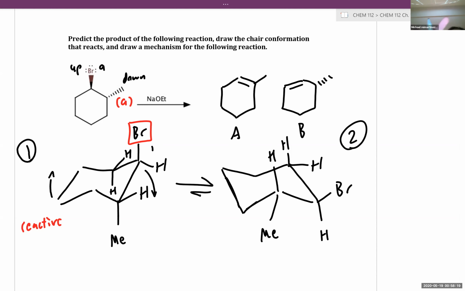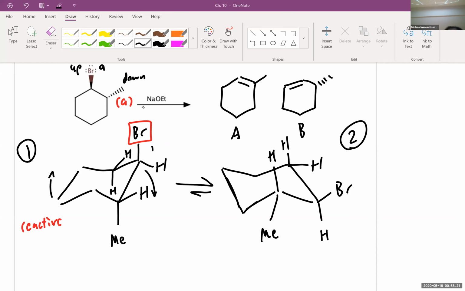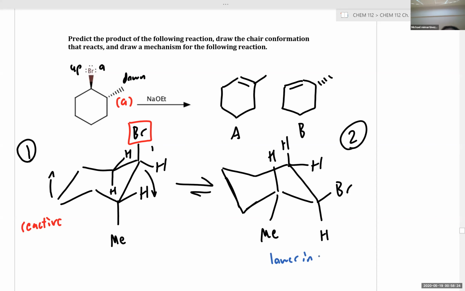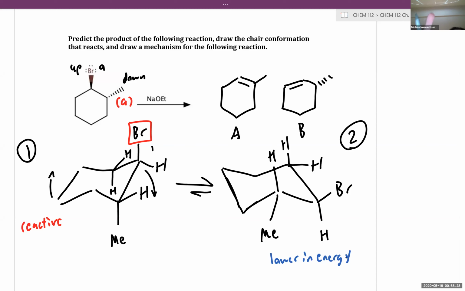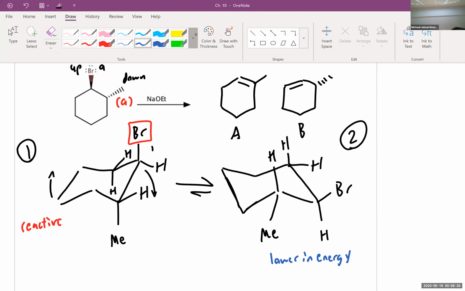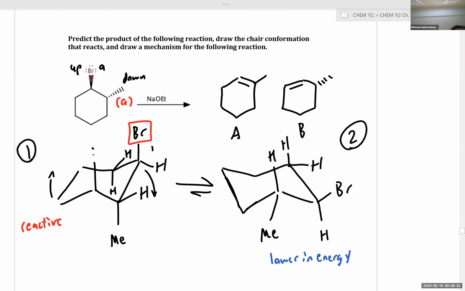So conformation 2 is lower in energy. Why? Well, this methyl, unfortunately, in conformation 1 experiences a fair amount of 1,3-diaxial interactions, which costs us a fair amount of an energetic penalty.